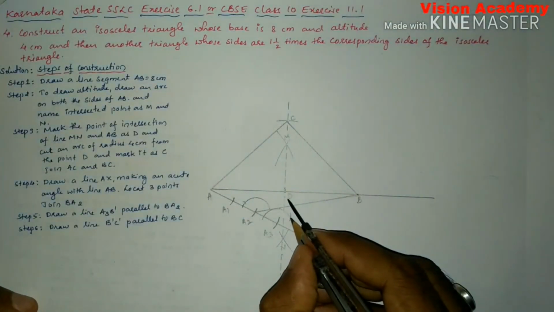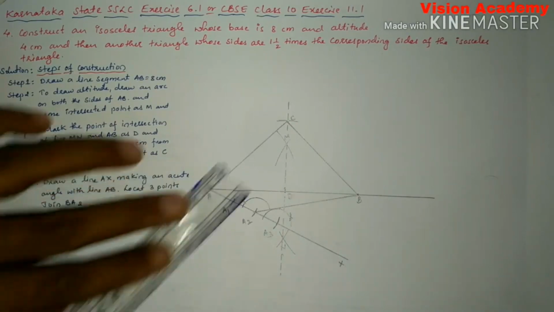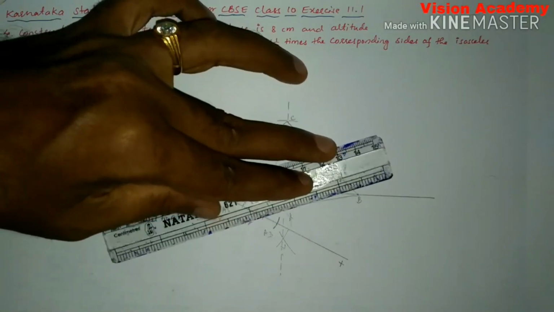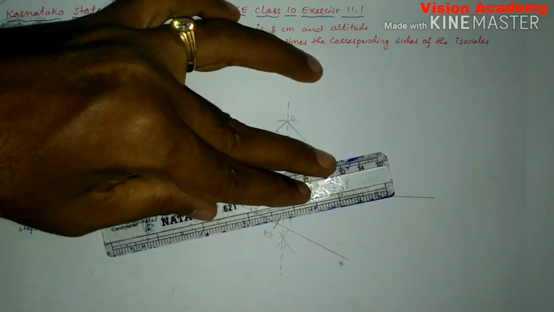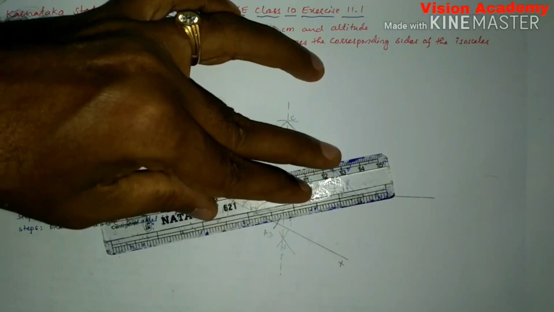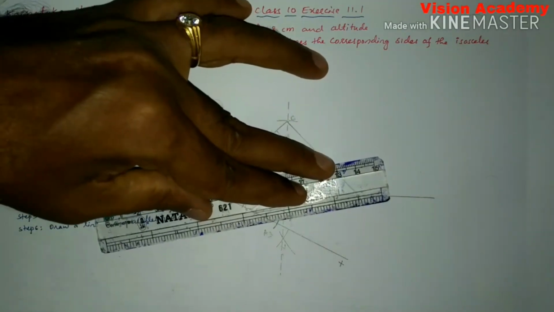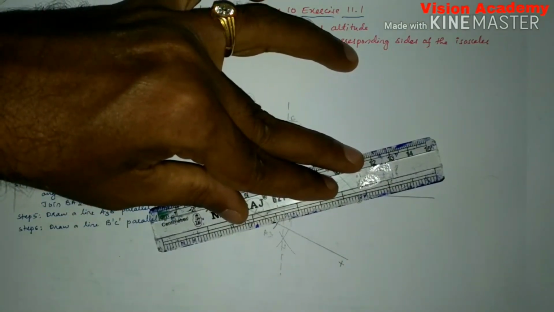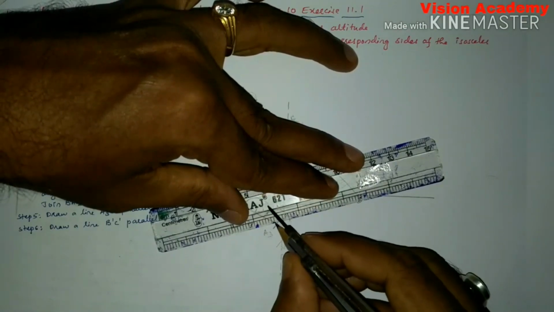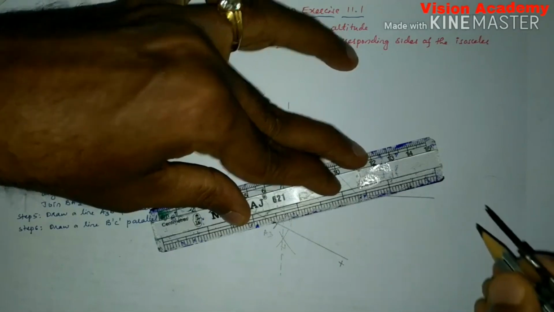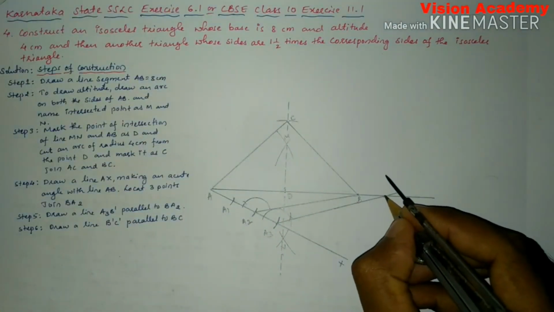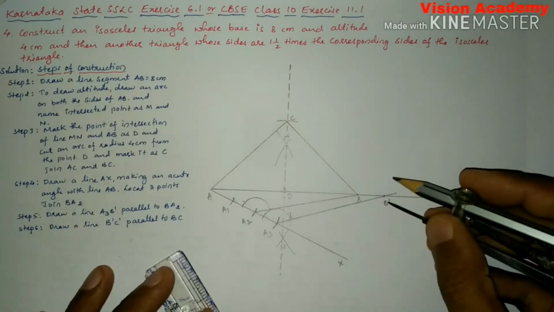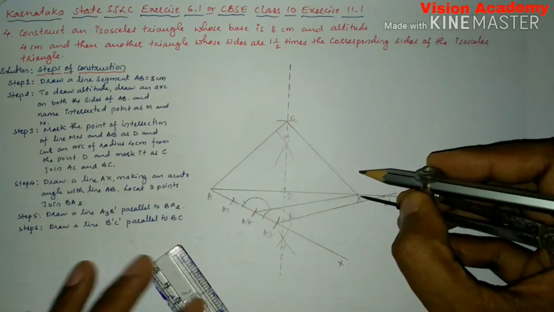Keep on this point and cut it here. Here we are going to get 1 point through which we are going to draw A3 B dash. So here we'll draw A3 B dash. So let us name this particular point as B dash. Now we'll draw B dash C dash parallel to BC.